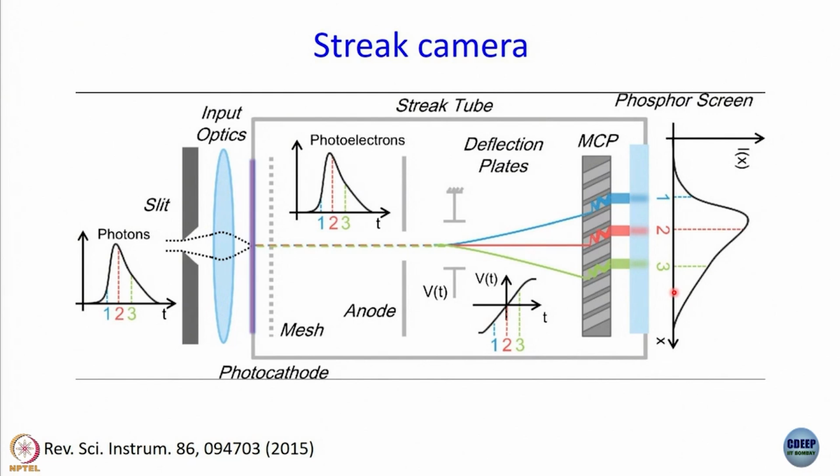And the beauty of this is that in this streak, this line is actually the time axis. So, you see this shape of photoelectrons, x axis is time. Now, if you do an analysis of the intensity here, you are going to get exactly the same shape, and this axis which is now vertical, that is going to be the time axis. All right. That is how a streak camera works.